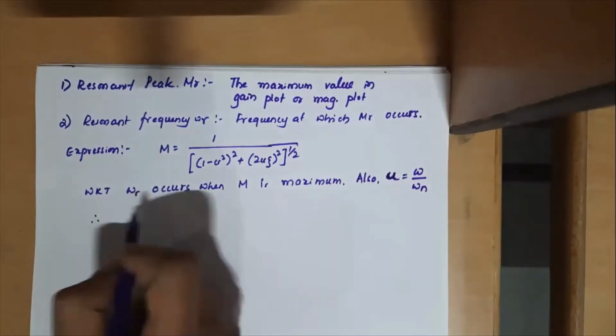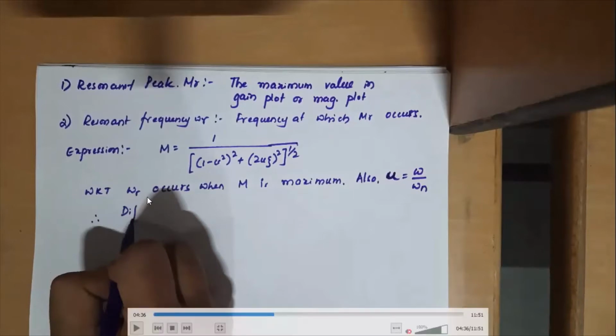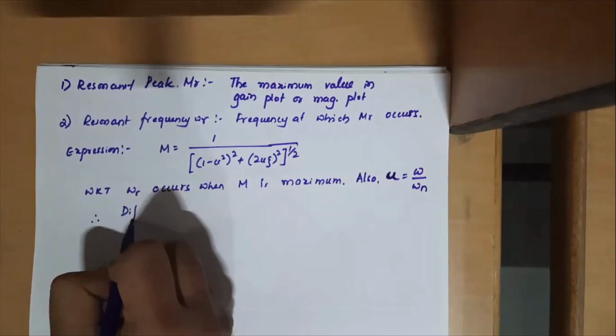Also, it occurs at omega r. So we make use of the fact that omega r occurs when M is maximum. If I want to find maximum M, then I have to go for differentiation and equating it to 0. That is why the concept of maxima and minima.